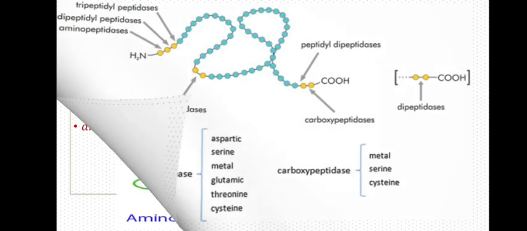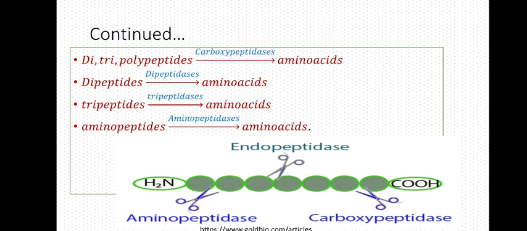Next, moving on with the digestion process. So, what is left in the intestine now? All the protein was first digested to proteoses and peptones. They were digested by trypsin and chymotrypsin to di, tri and polypeptides. So, now these should be further digested into smaller units, amino acids, or di or tripeptides, so that they can be easily absorbed.